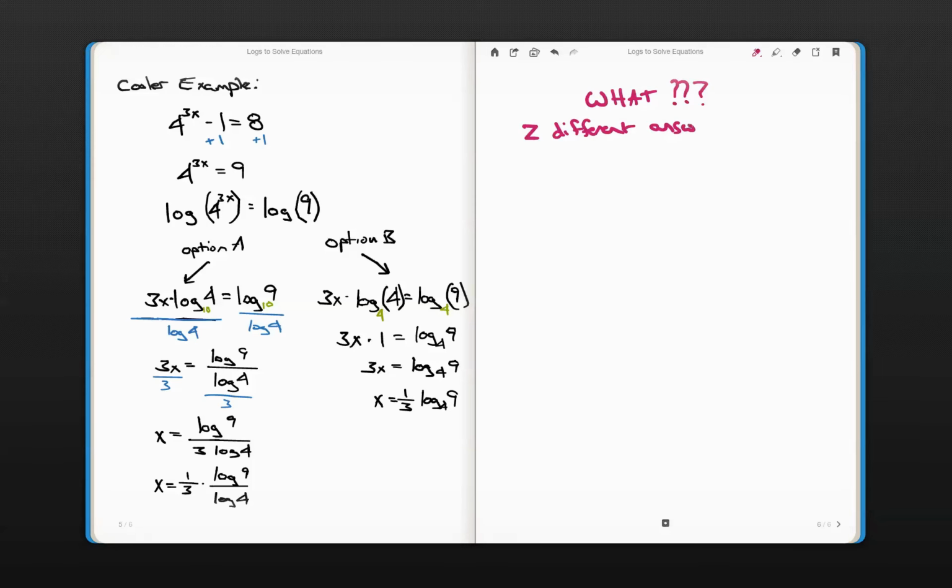So the question becomes, is 1/3 of the log of 9 over the log of 4 the same as, equal sign with a question mark, 1/3 log base 4 of 9? Is that the same?